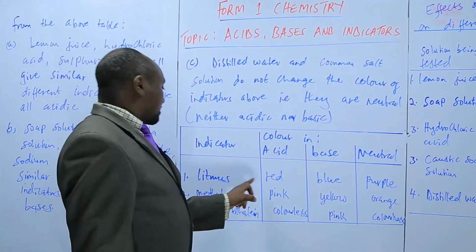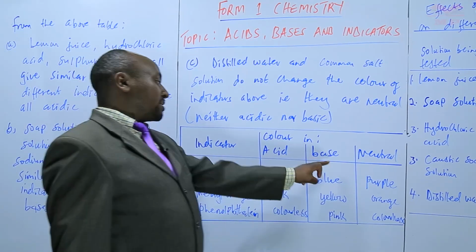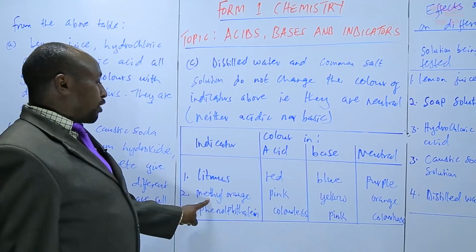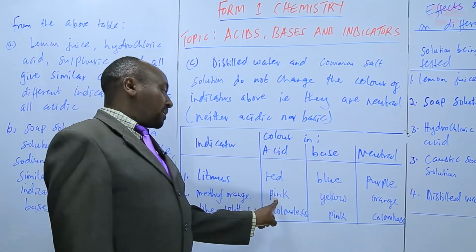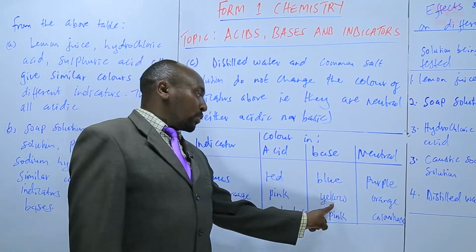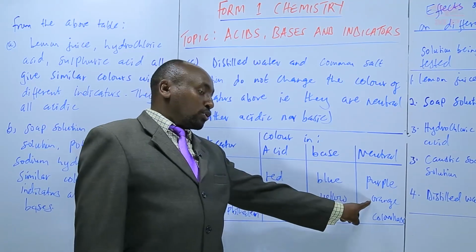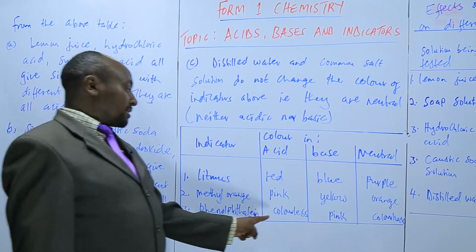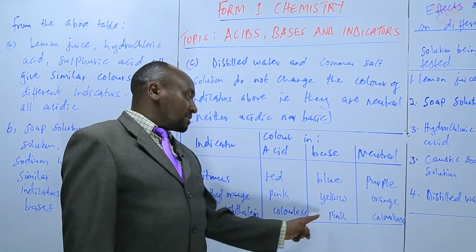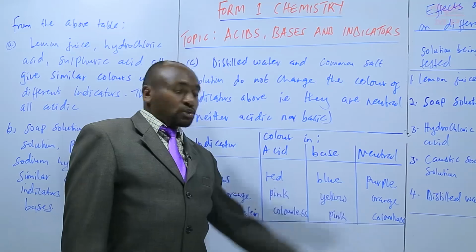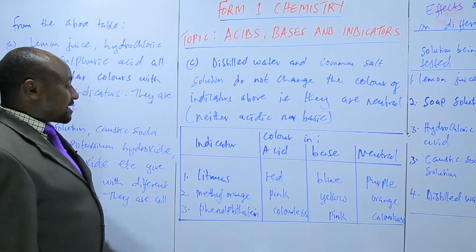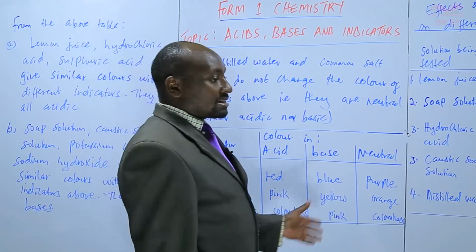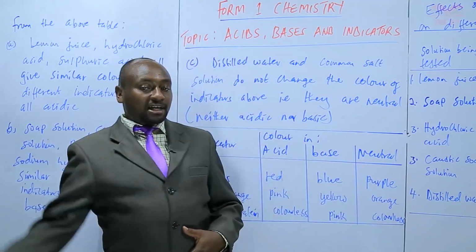So color in acid, litmus is red. In base, it is blue. In neutral, it's purple. Methyl orange, in an acid, it is pink. In a base, it is yellow. In a neutral solution, orange. Phenolphthalein, if you put it into an acid, it is colorless. In a base, pink. In a neutral solution, colorless. So that tells us that indicators give us different colors in an acid and different colors in a base.